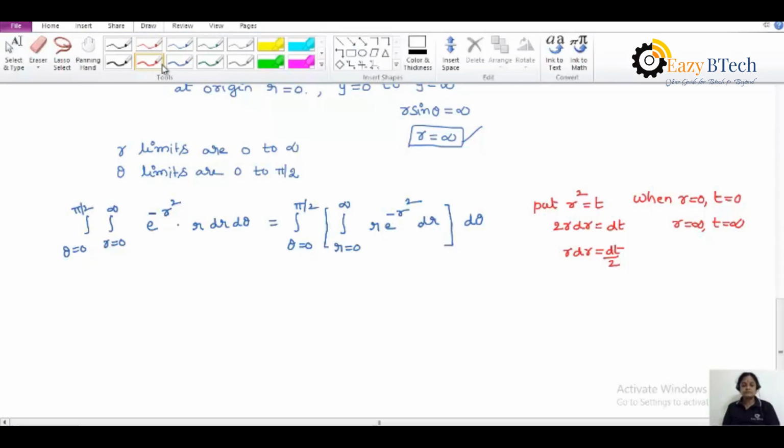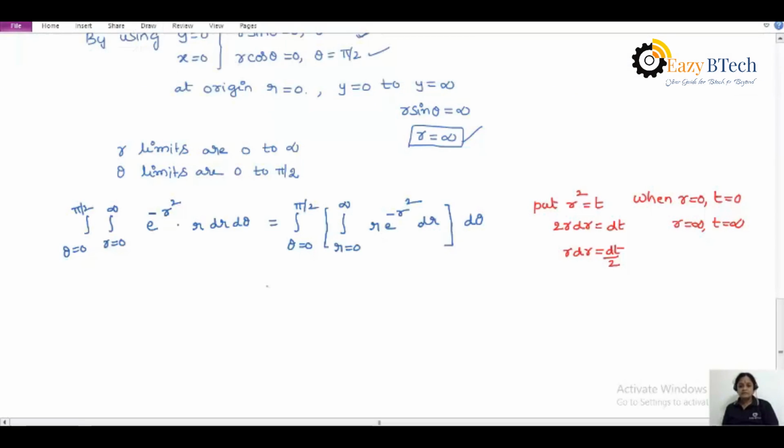Now using these substitutions, integral theta is equal to 0 to pi by 2, and changing the variable from r to t, t is equal to 0 to infinity, e power minus r square becomes e power minus t, and r dr is dt by 2, into d theta.